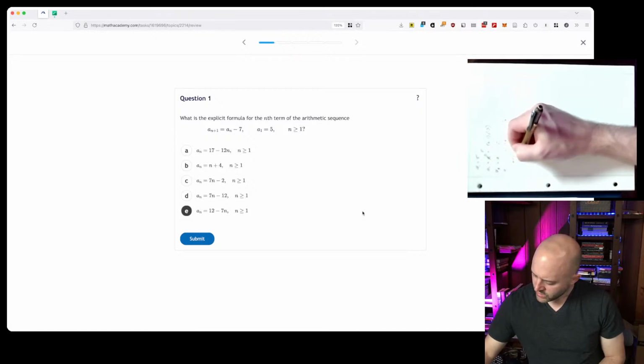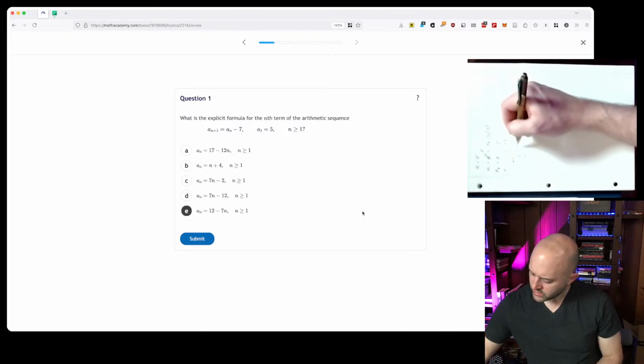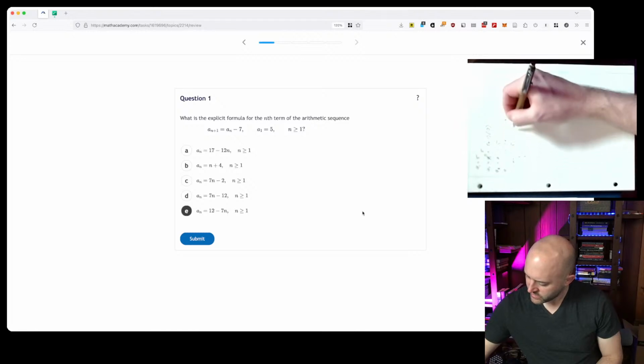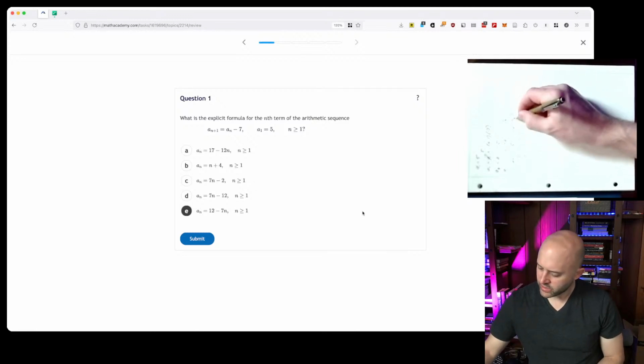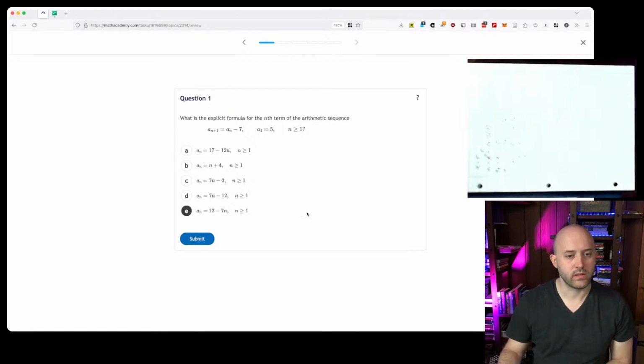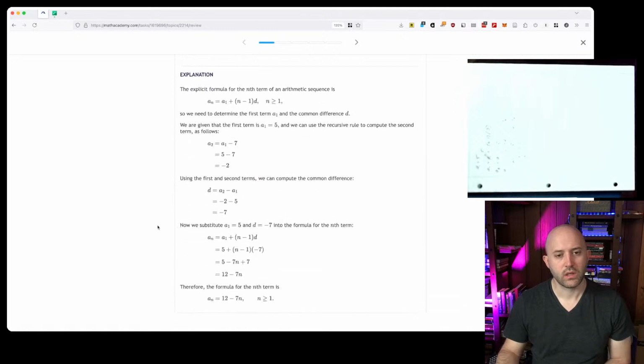So n equals 1, 2, 3. So a1 has to be 5, and 12 minus 7n, which is 1, is 5. Okay. Next one is 2, 14 minus 2, and so on. Okay, it's E.